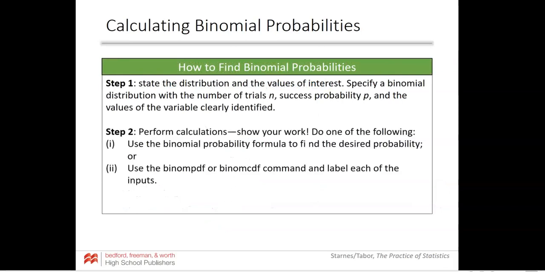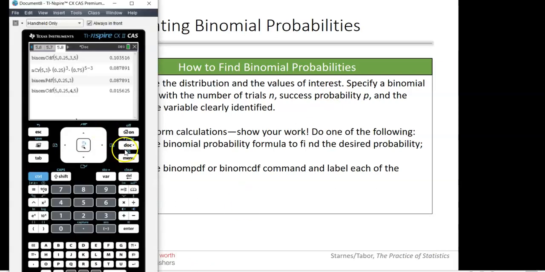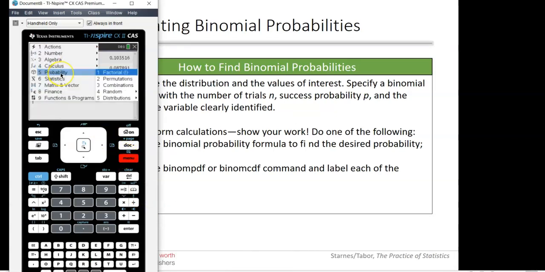So these are just steps. Show your work. If you use binomial PDF or binomial CDF, not only write down the command and what numbers you put in, but label what those mean. And again, the wizard kind of tells you that when you go through the wizard, when you go to menu 5.